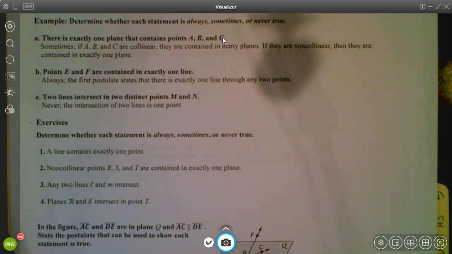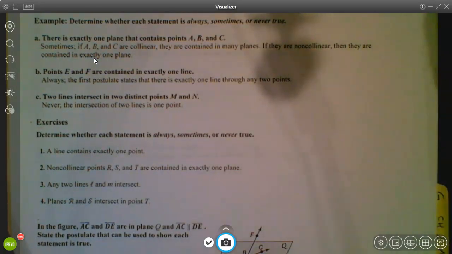But if A, B, and C are not collinear, then we do have exactly one plane. So this statement is sometimes true. It's true if A, B, and C are non-collinear. Whenever we say that, it's always good to be able to explain why you're saying that, to justify your reasoning, to help you know that you're on the right track.